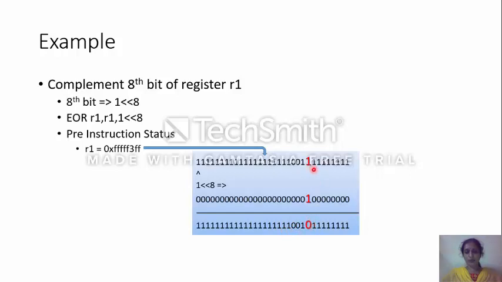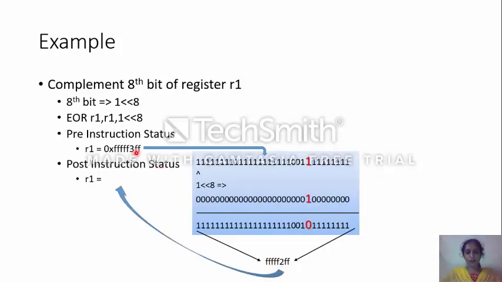Whatever the previous bit was, that gets complemented here, and we are getting the new result as FFFF F2FF. So instead of having 3FF, now our answer is 2FF. Only this particular bit is modified. So for complementing a particular bit, it is used. You can have more number of bits there also.